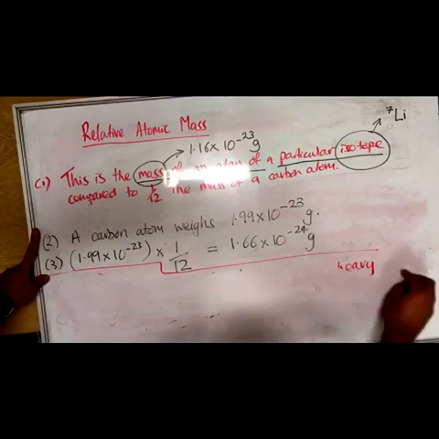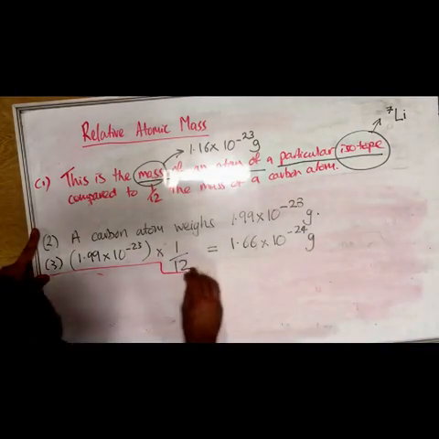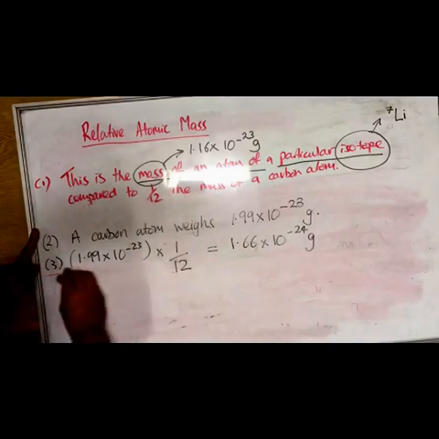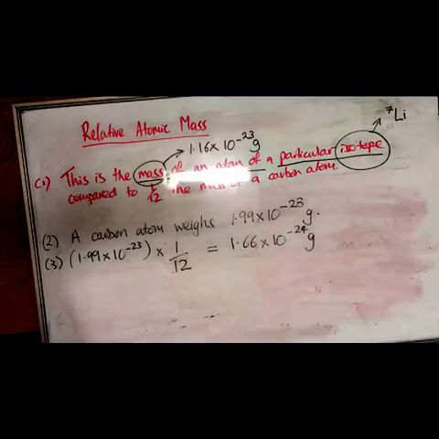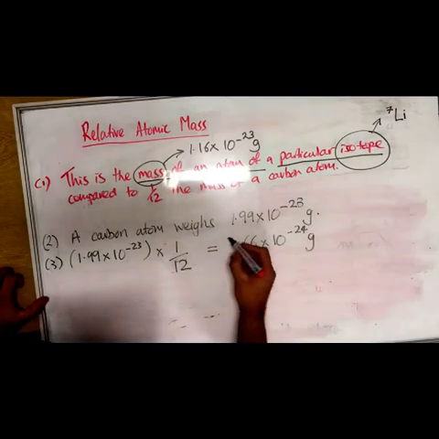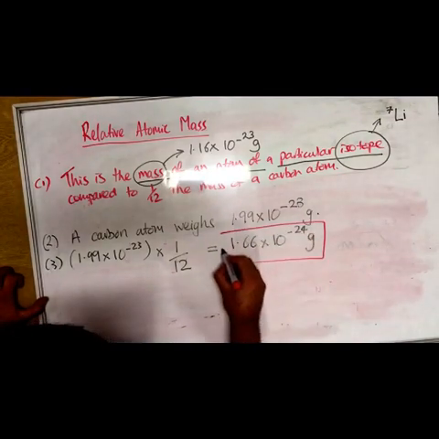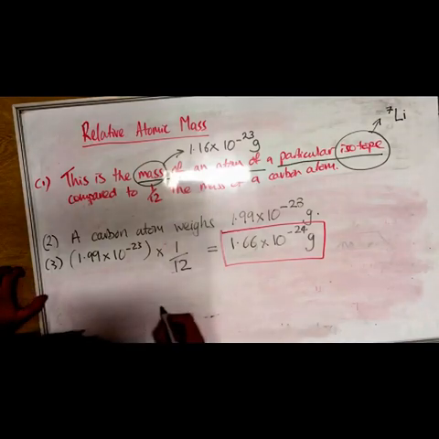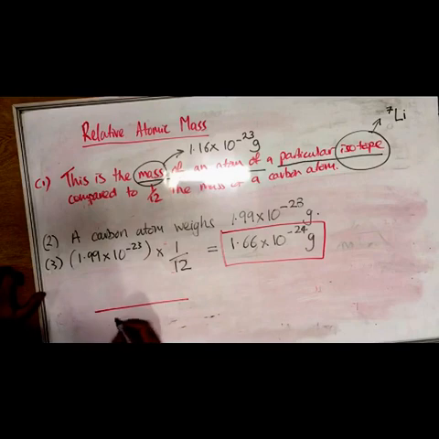Now, going away from numbers that we can actually imagine, we move to the chemical world where things are really, really tiny and don't weigh very much at all. So, we know what our standard is, the thing that we compare against, and how much that weighs. It weighs 1.66 times 10 to the minus 24 grams, just like when we were working out the relative masses of people's weights.